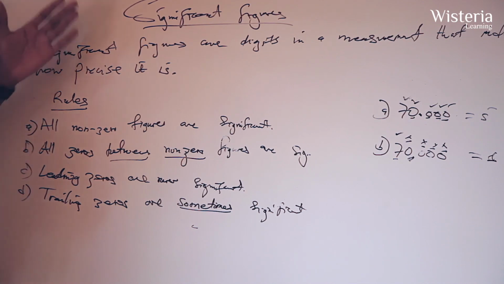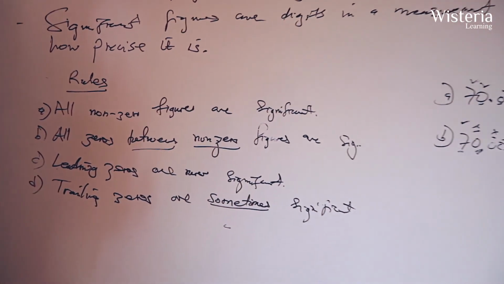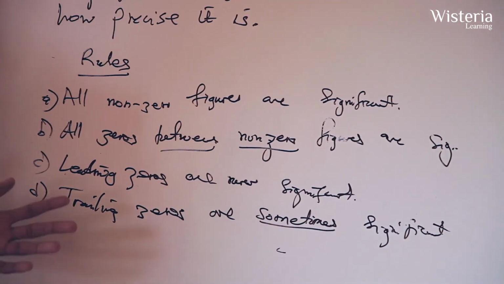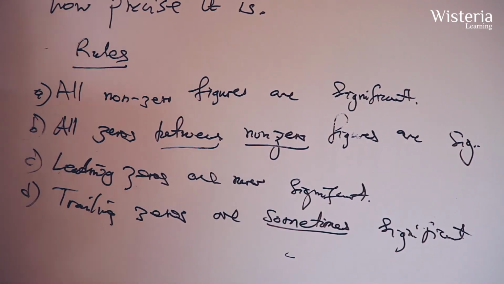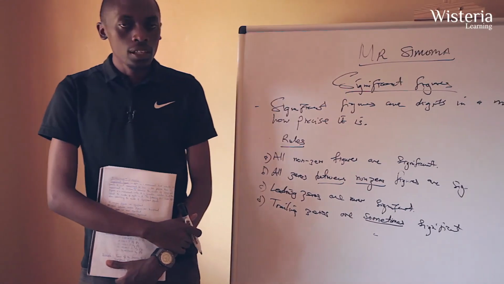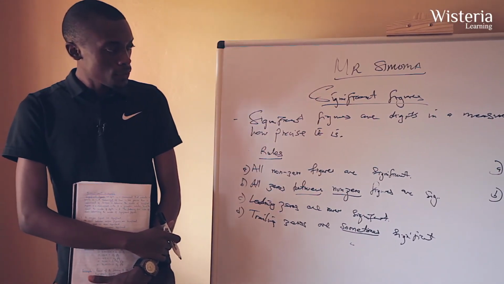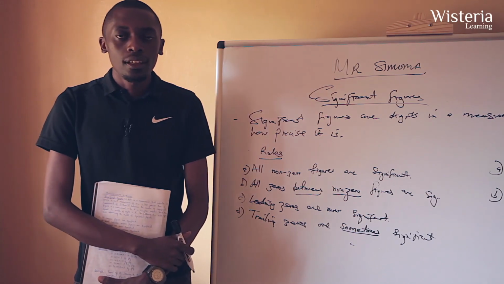And when you're dealing with significant figures, these are the 4 important rules that we discussed. Hopefully, you now understand how significant figures work and how we find the number of significant figures in a measurement.